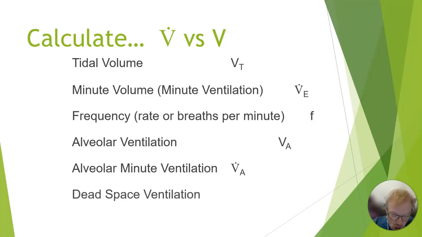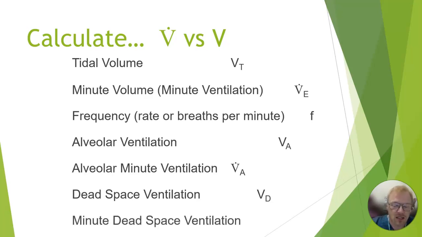Dead space ventilation. As you saw in our example, that is the capital V with the sub D. And finally, minute dead space ventilation. That is almost the same, the V with the subcapital D, but it has the dot over the V.